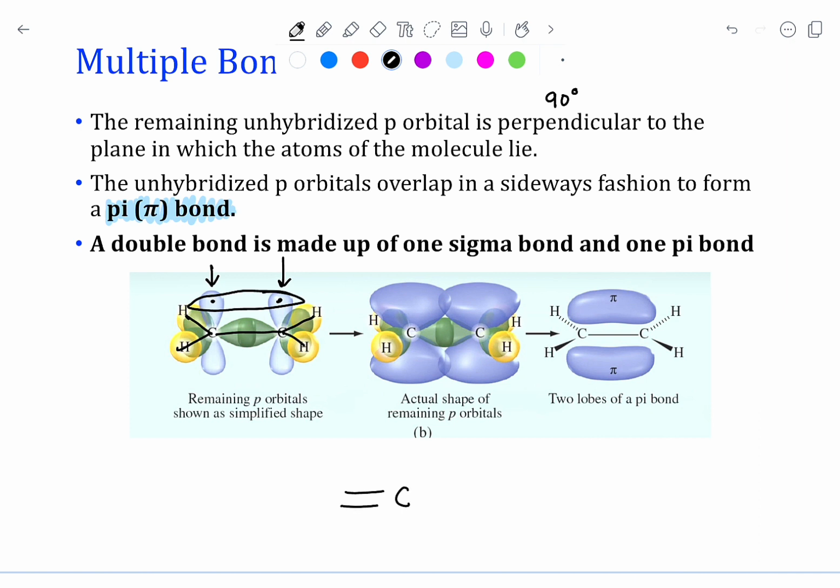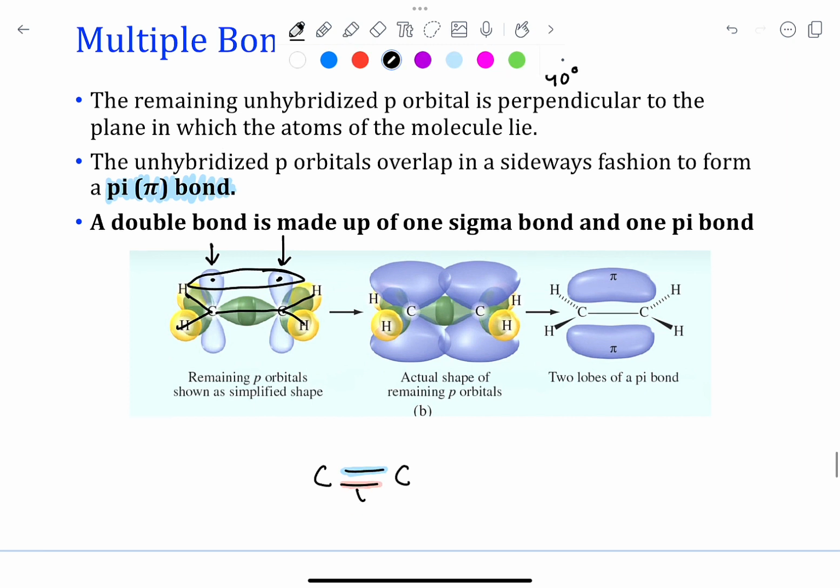I'll put some carbons there, but this applies to any double bond. One of these, and one of these. We defined red before as a sigma bond, and we define the other one now, that's a pi bond.